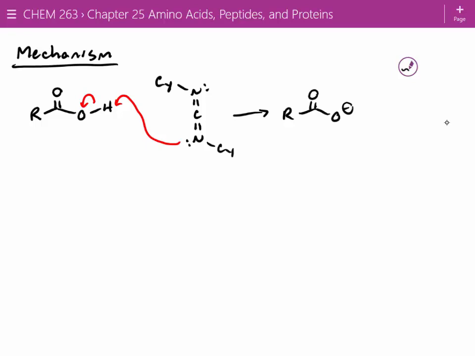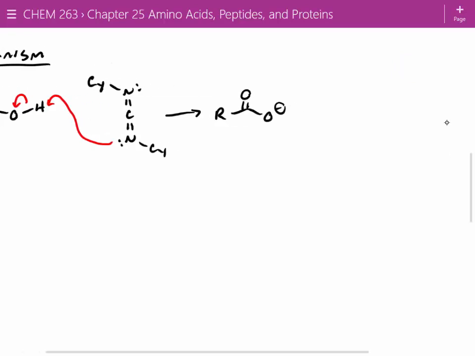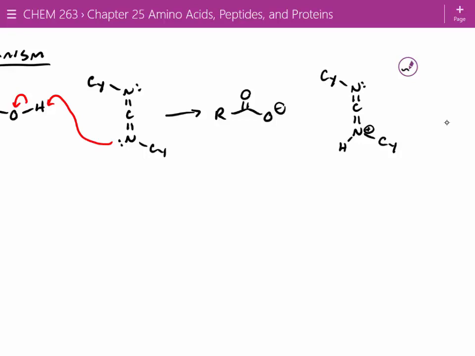Pretty simple proton transfer. We get a nitrogen here. All right, now we've got a carboxylate, which is at least a decent nucleophile. What can this carboxylate maybe do?